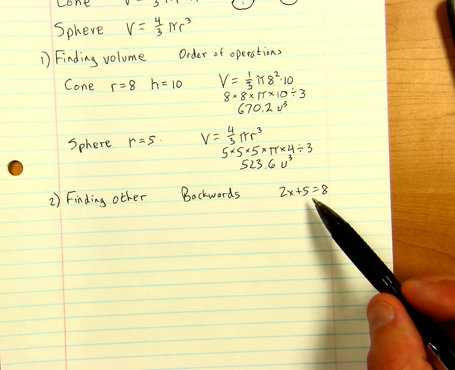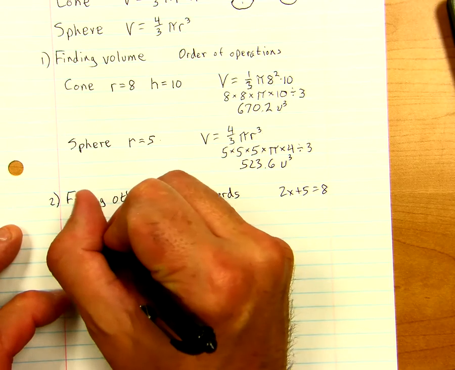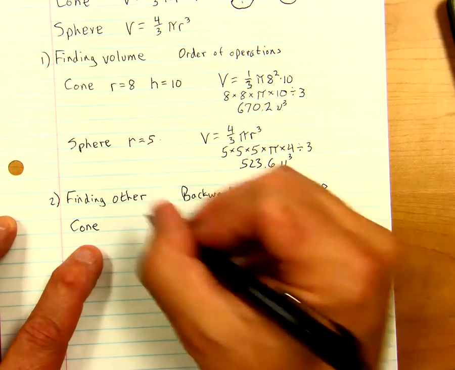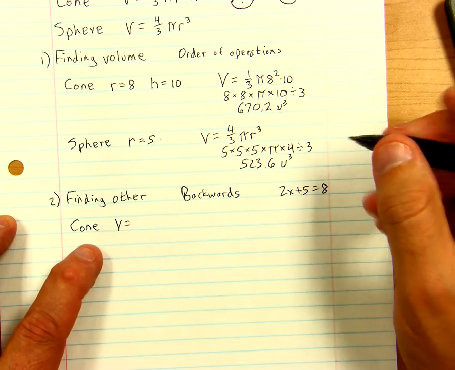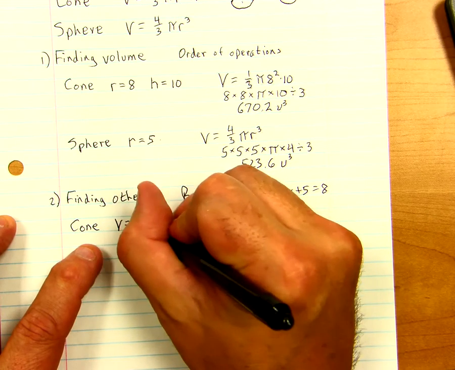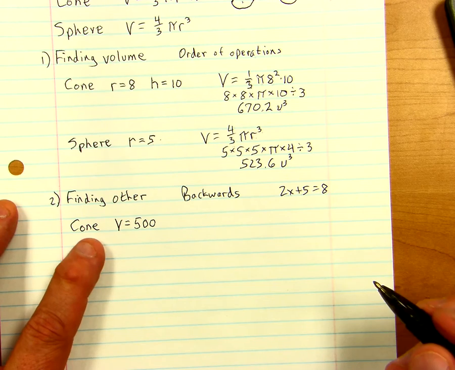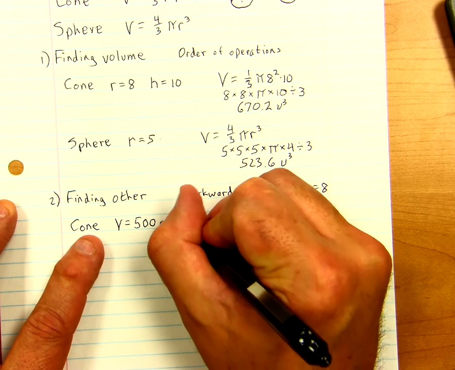So we'll do a cone or sphere. Take a pick. Let's do, good choice, cone. So we're going to give you the volume of, let's go 500. That's cubic units. Let's go ahead and put units in here. Let's go with cubic centimeters.